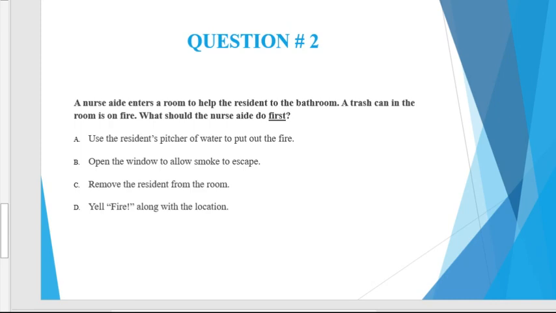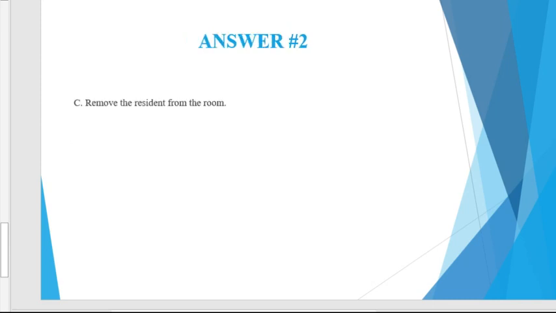But let's see what the options are. It says use the resident's pitcher of water to put out the fire, open the window to allow smoke to escape, yell fire along with the location. Well, the answer is C. Remember, we're talking about safety. When you remove your patients, then any other thing will follow.